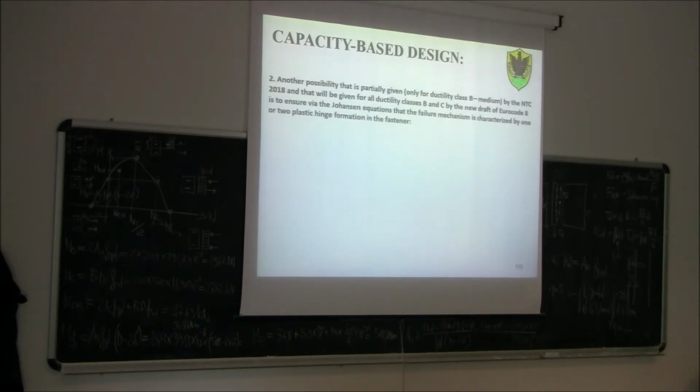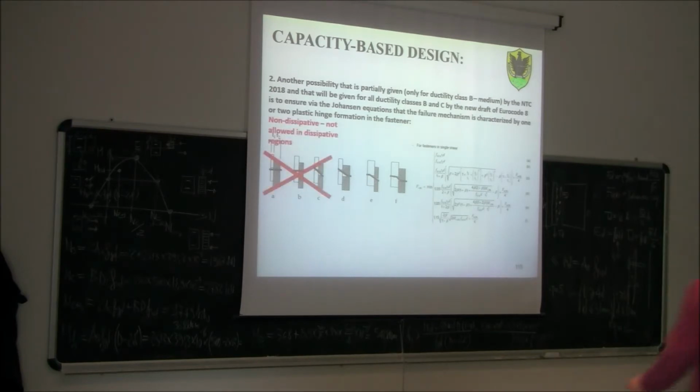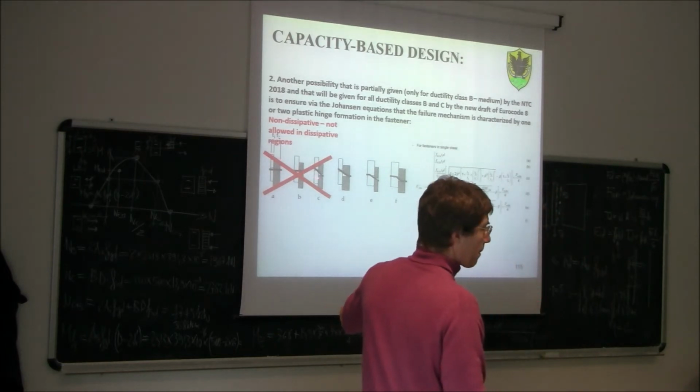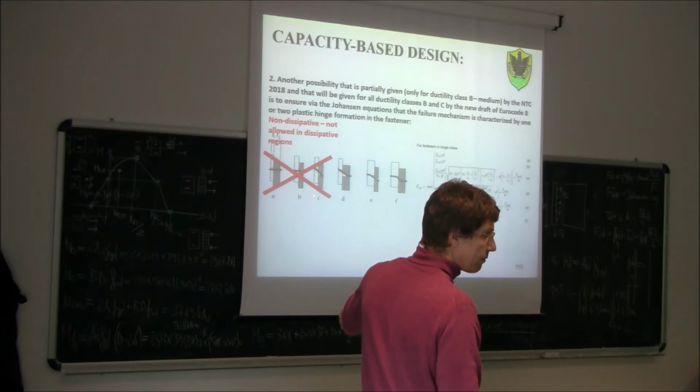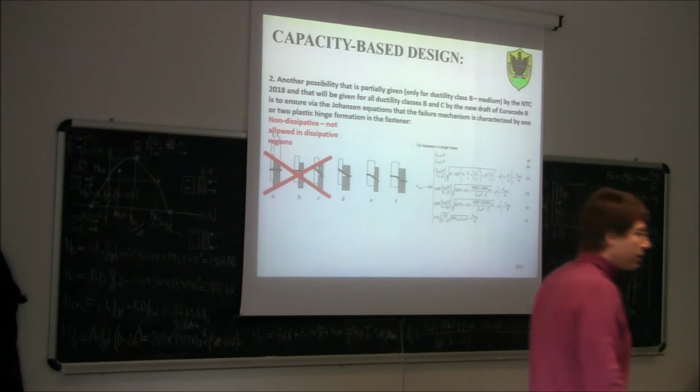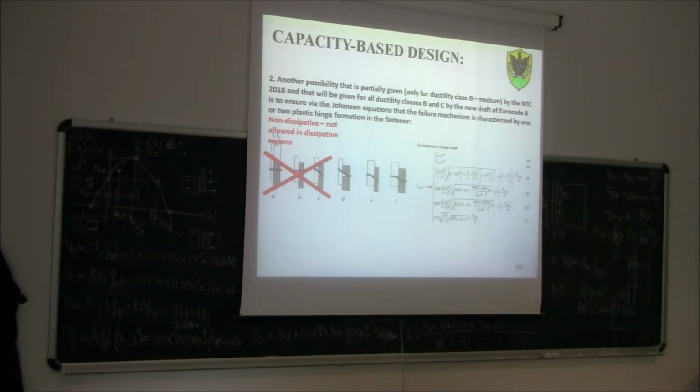The other possibility is just to ignore these limitations and go to the Johansen equation to see which kind of failure modes will occur on the nail. If the failure modes characterized by only embedding are governing the design, in this case we cannot consider the structure as dissipative, and we need to use a Q factor of 1.5.